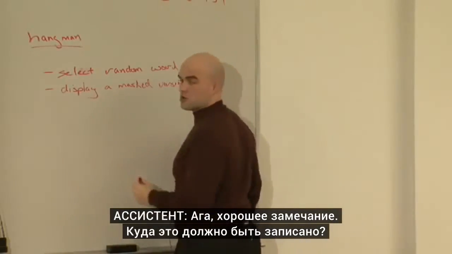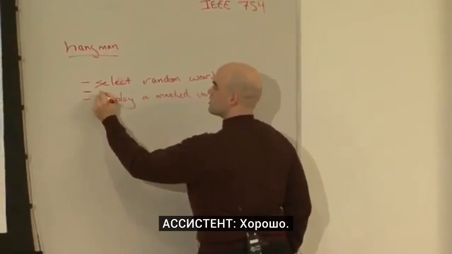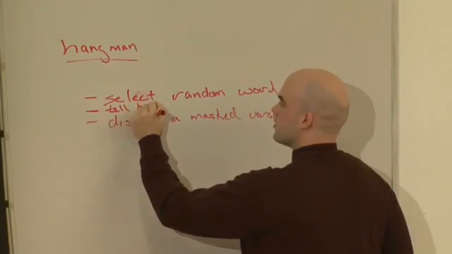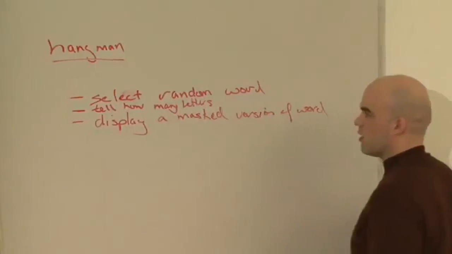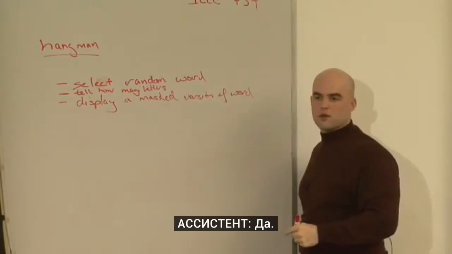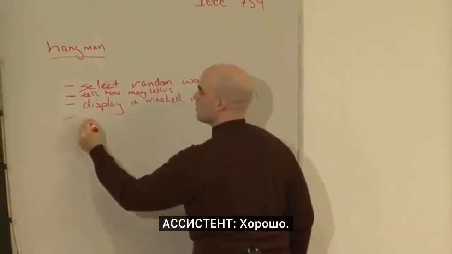Oh, that's a good point. That should probably be before the display. Okay. So tell how many letters. All right. Now, what would come after this? After display, see how many letters you have to choose from. Okay.